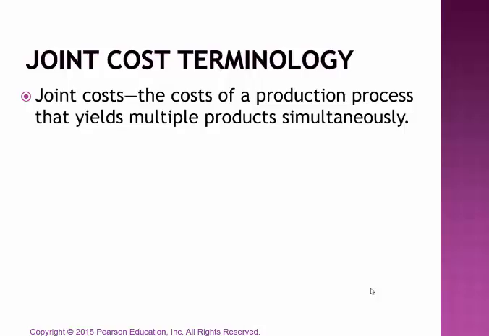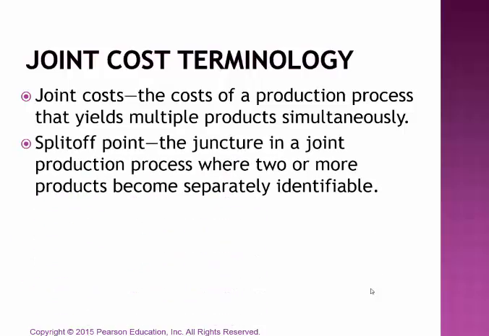Okay, so joint cost is the cost of production up to a split-off point. So the split-off point is the juncture in a joint production process where 2 or more products become separately identifiable. In the scenario that we're going to be looking at, we are taking raw milk, and at the split-off point, we have cream and liquid skim, 2 separately identifiable products.